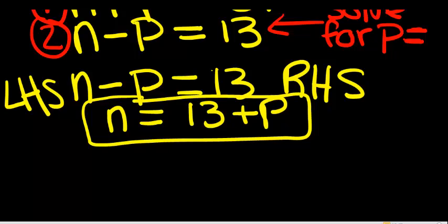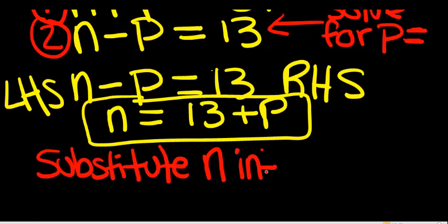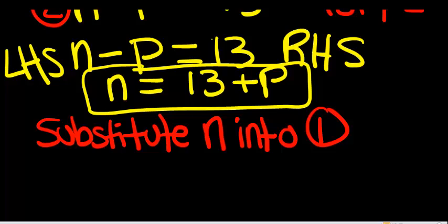What I want to do is substitute this value of n into equation number 1. That's what that means. I found the value for n, and I want to put it into equation 1. So let's do that.